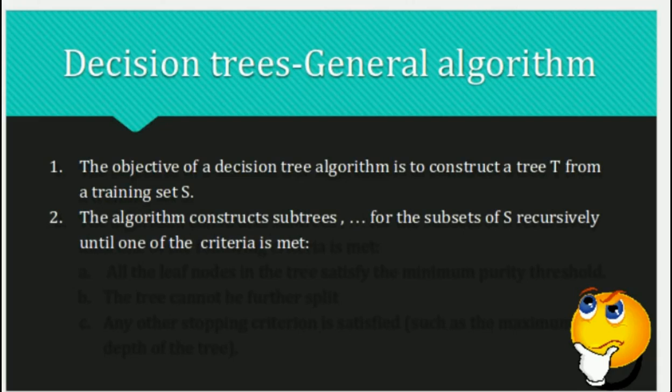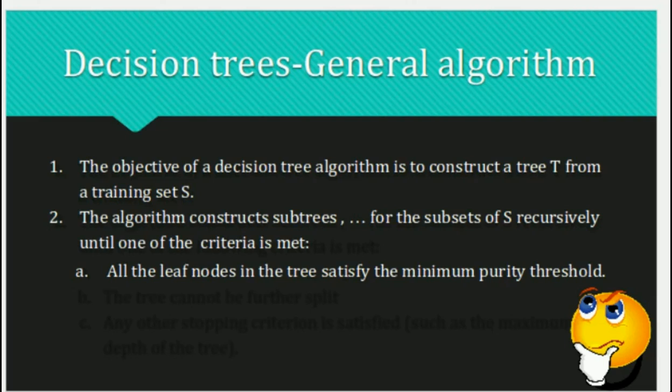The algorithm constructs subtrees for the subsets of S recursively until one of the criteria is met. First criterion: all the leaf nodes in the tree satisfy the minimum purity threshold. The purity of a node can be described as its probability of the corresponding class. In our case, the purity of the node is gender. Second criterion: the tree cannot be further split.